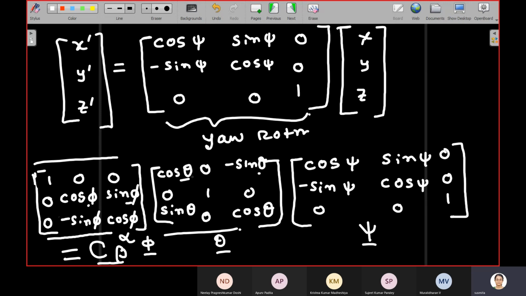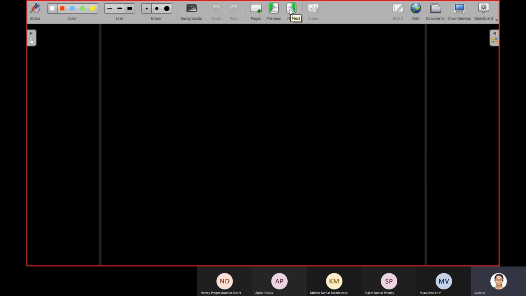We need to do small angle approximations. So cos theta we can write equal to 1, sin theta we can write almost equal to theta. Then all three matrices we need to multiply. Since all the angles are infinitesimally small, we can neglect the higher order terms and keep only the first order term. If you do all these, you will find that for this small angle approximation, the coordinate transformation matrix is actually this.